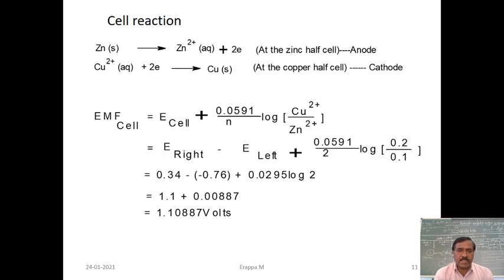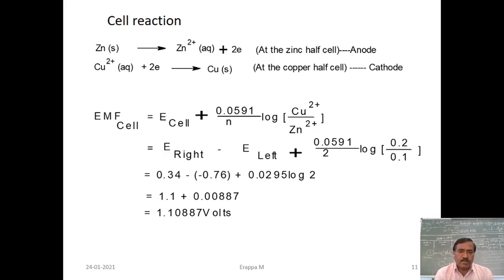Then the EMF of the cell: E cell equals E naught cell plus 0.059 by n log of Cu2+ divided by Zn2+. E naught of the cell is E of right minus E of left, 0.34 minus of minus 0.76, plus 0.0295 log 2.